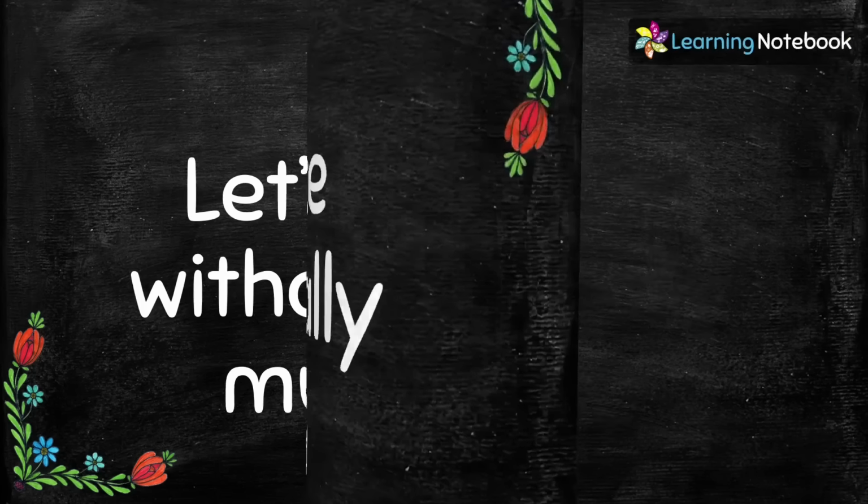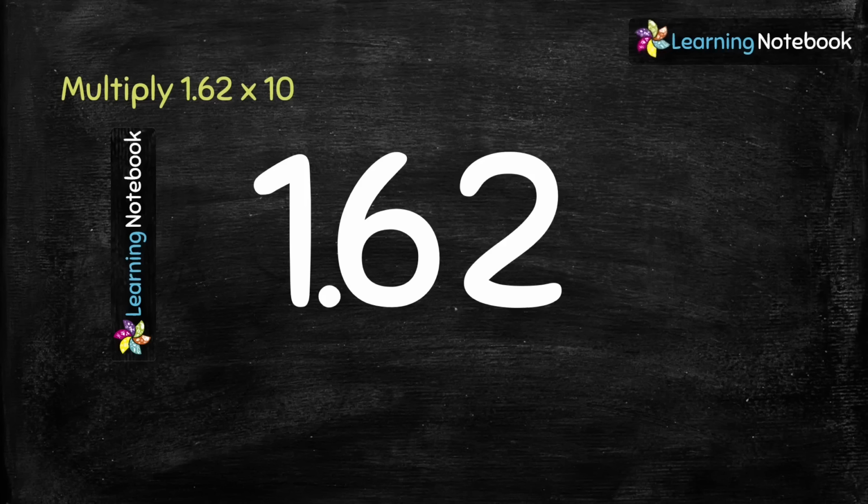Question is, multiply 1.62 by 10. So here students, the decimal number is being multiplied by 10. So the decimal point will move to right by 1 place. So answer will be 16.2.